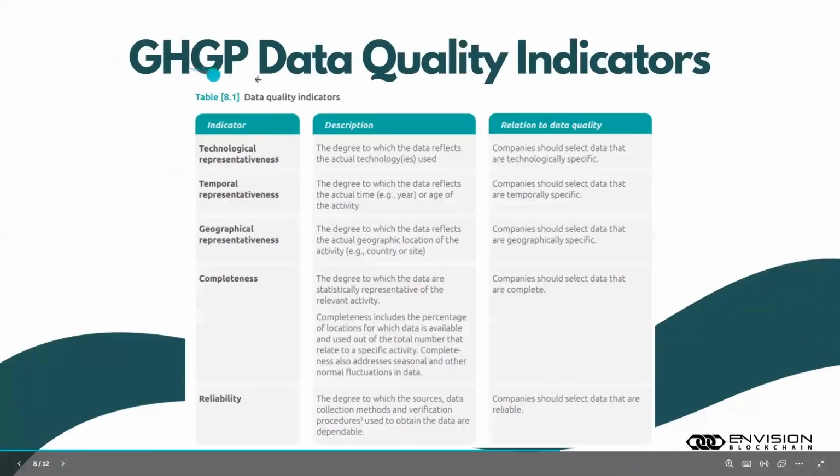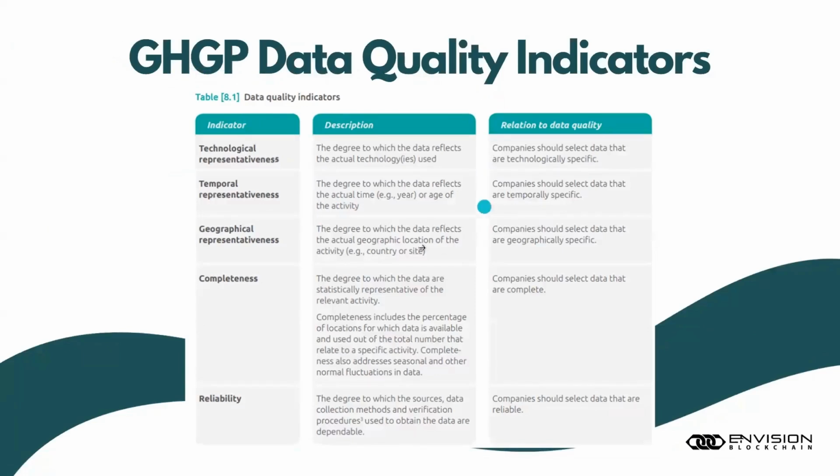So these are the GHGP data quality indicators. Just want to go over this real quickly. And as you can see, if you're using something like an EEIO factor, it's going to be poor data quality based on pretty much all of these indicators. The technological representativeness, it's very unlikely that it's going to represent the actual equipment and technologies used by the actual suppliers.